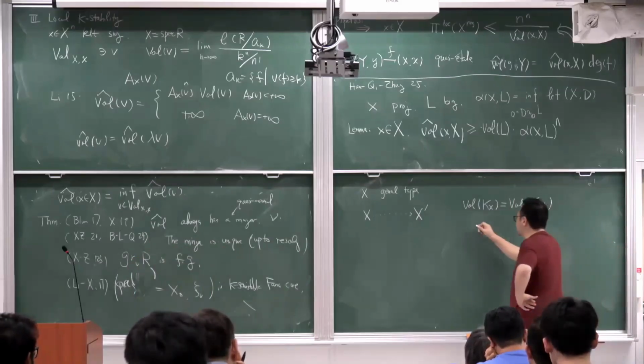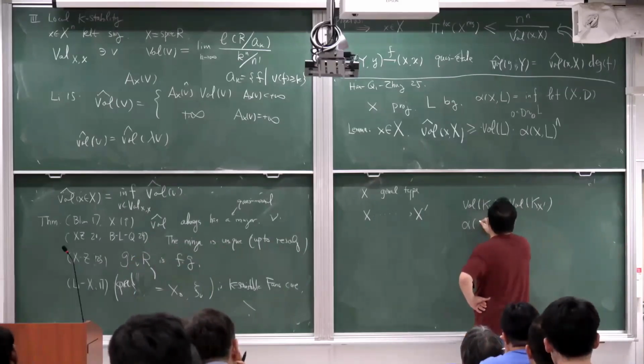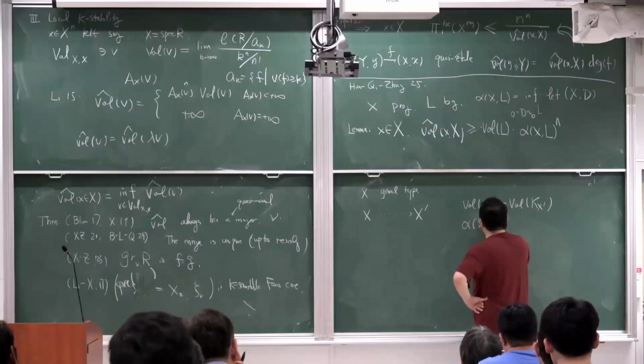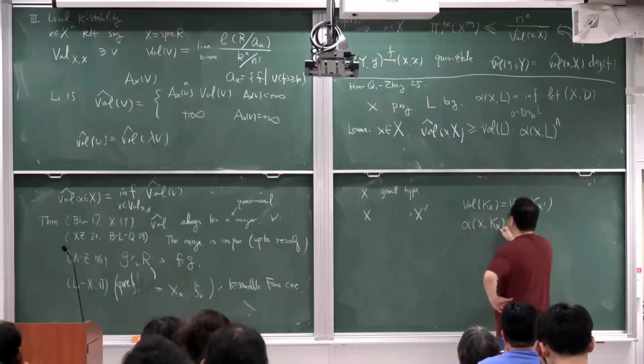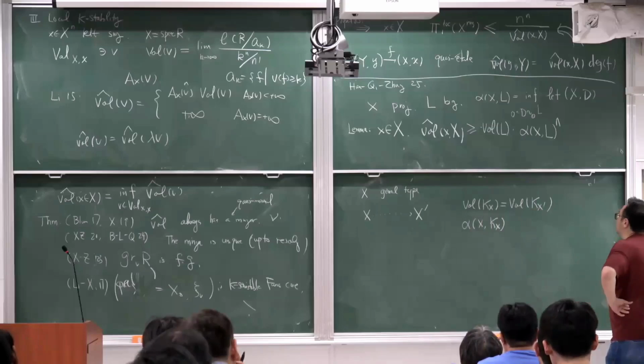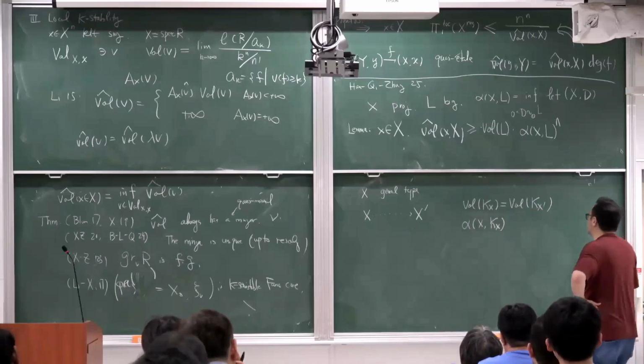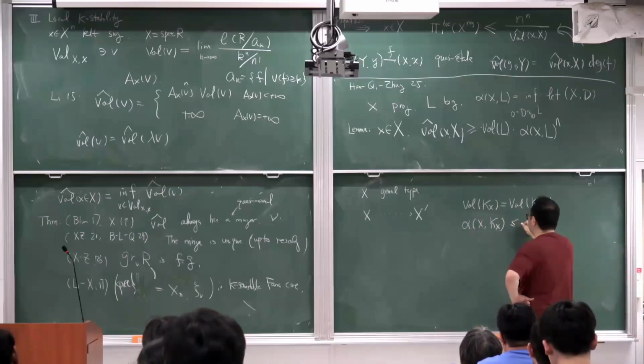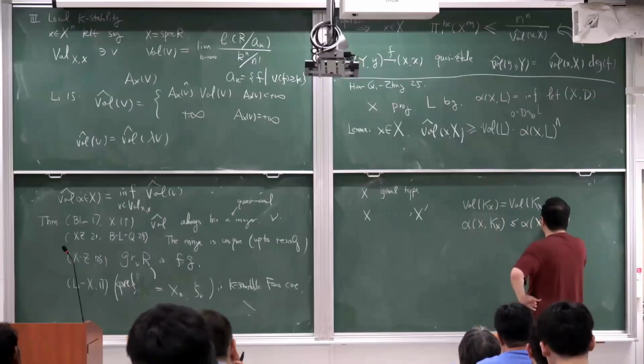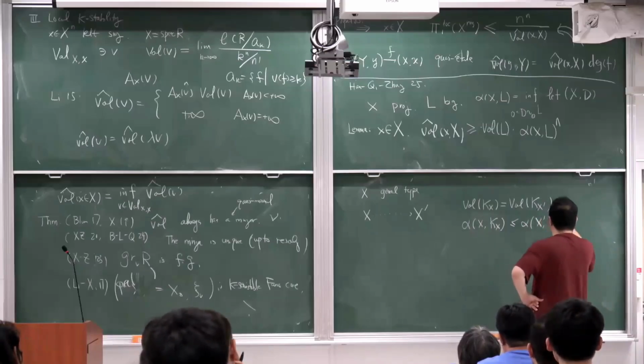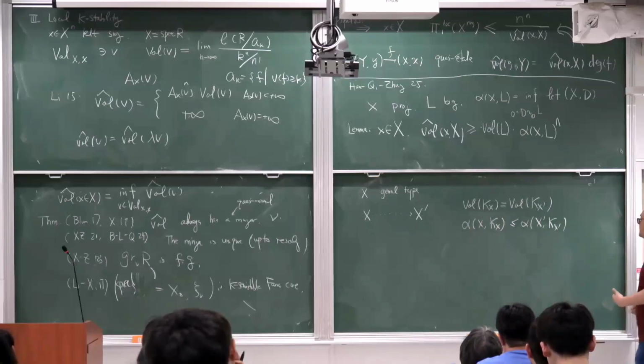And one can usually see that alpha(K_X) is smaller than alpha(X prime, K_X prime), because MMP essentially makes K_X more and more positive in some sense.